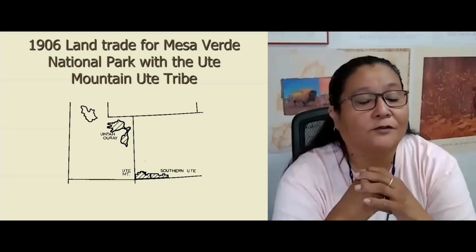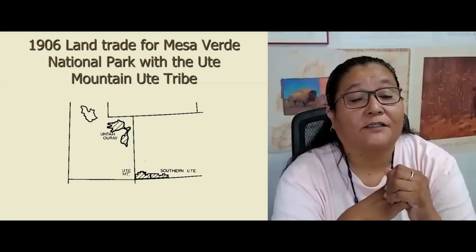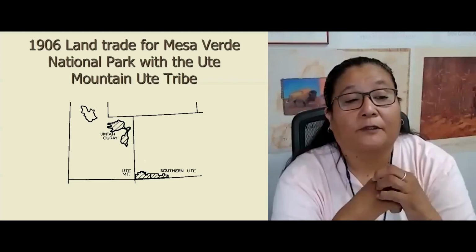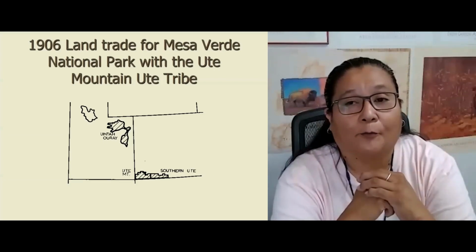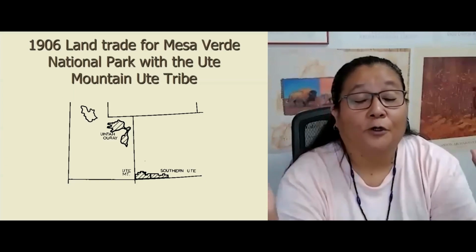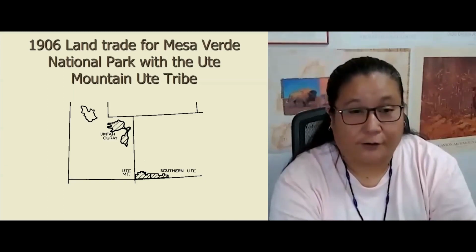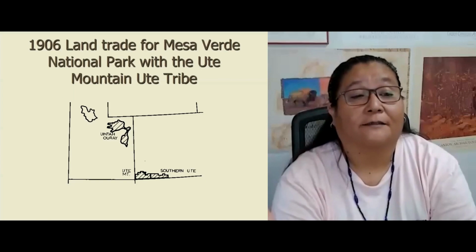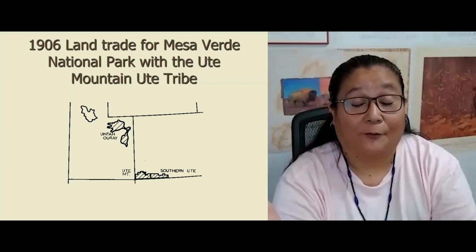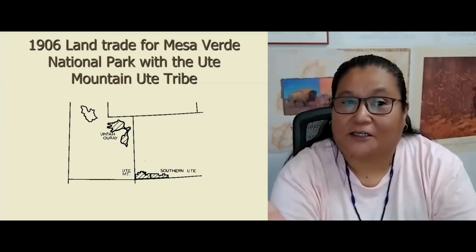The story goes that the agent from Southern Ute called the police when they were boarding the train, and it was two train cars full of artifacts that were taken away, which we actually just got back.